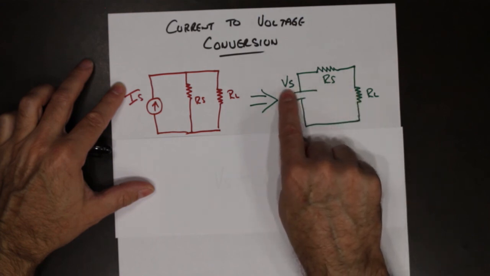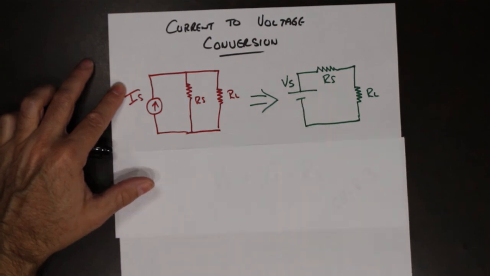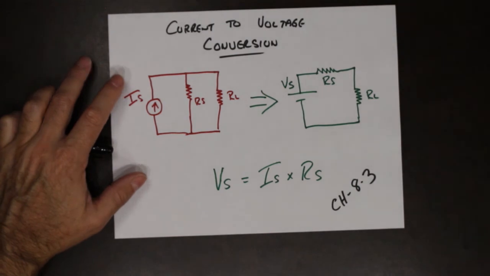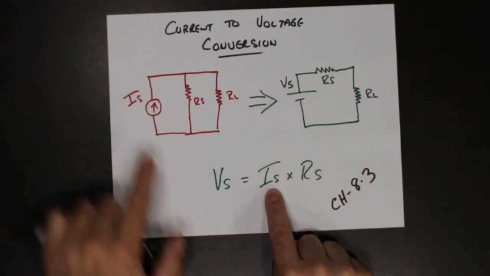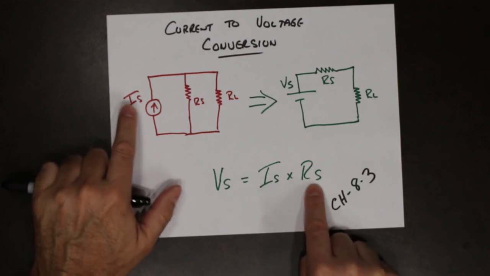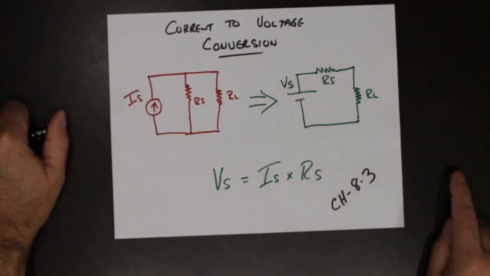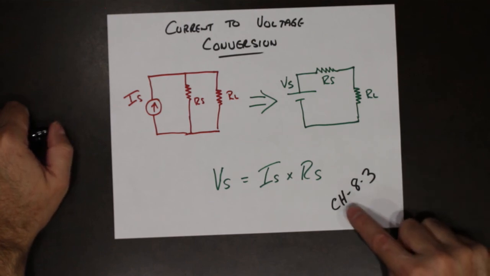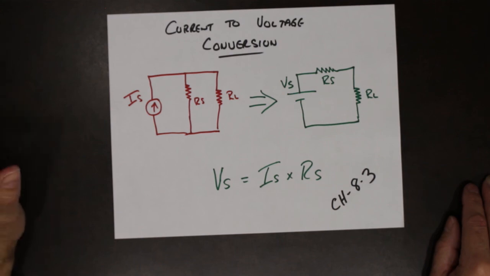All you need to do now is calculate the voltage for the new supply, and again, that's based on Ohm's law. Voltage is equal to IS times RS for the new voltage. Again, chapter 8-3 of the textbook.